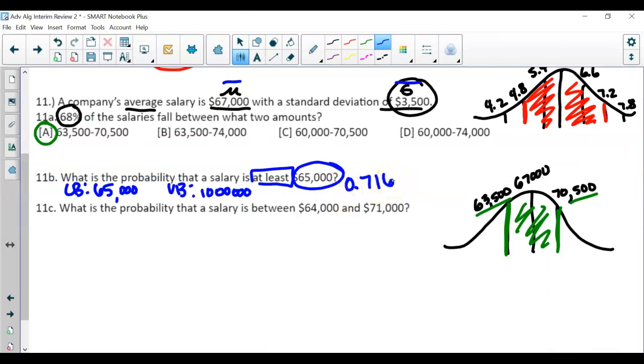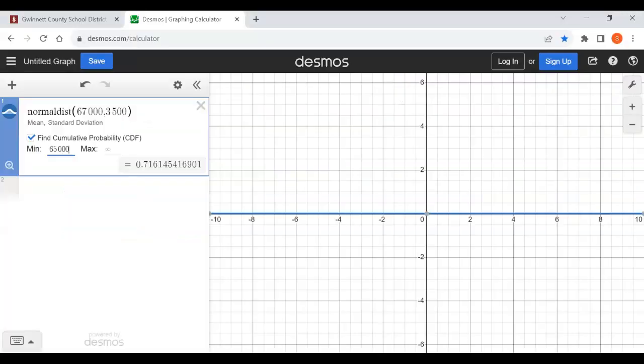So then the next, what's the probability that it's between these two values? So again, notice it's not on the curve. So again, we're going to use lower bound and upper bound. Now notice here we have an increment. So we can use 64,000 as the lower bound, upper bound 71,000. Same mean and standard deviation. So again, going back to Desmos, we're going to keep that.